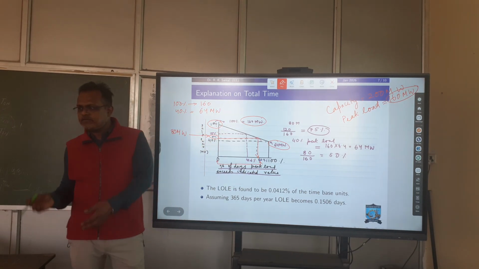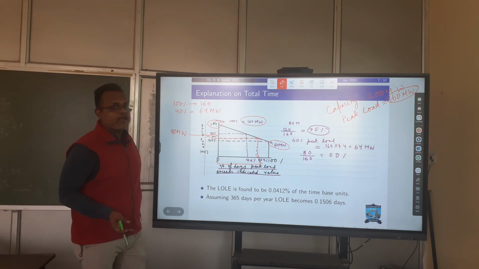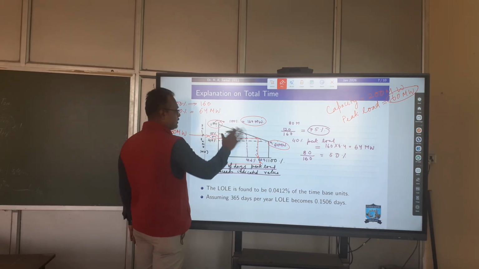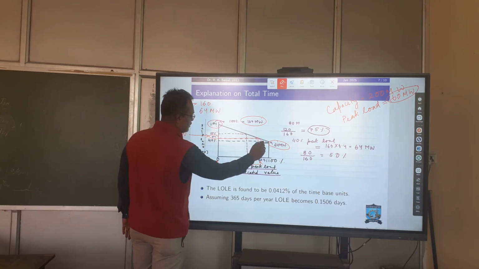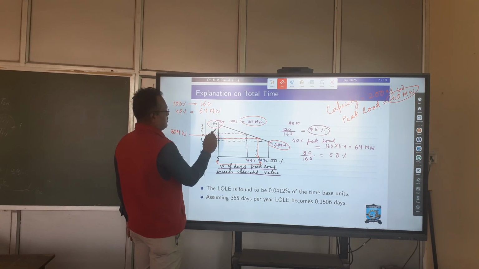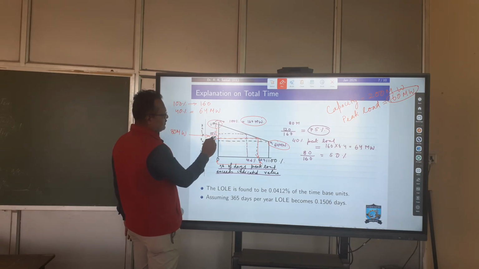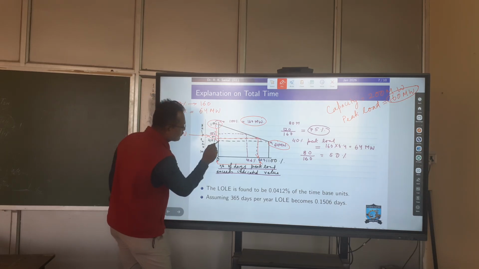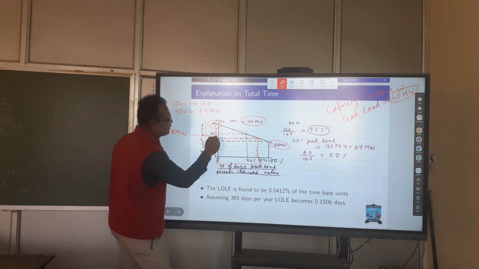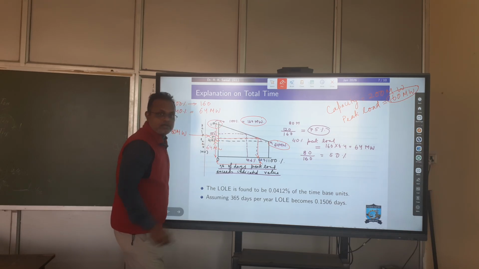You can plot the curve and obtain that, but we can use the similarity of triangles between this and this whole triangle. What is the value of this? 40 to 100. 64 is this one. 40% is 64 megawatt. This is 160 minus 64, then 96.